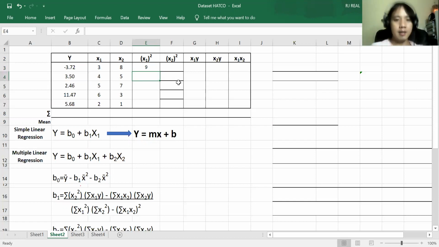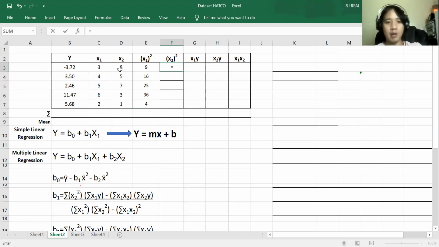Alright? Same goes to the other observation. So, i-copy natin, paste natin ng ganyan. Alright? Ganyan lang po. Same goes to the x sub 2 raised to 2. Kunin natin yung value neto. Raise na natin into 2.